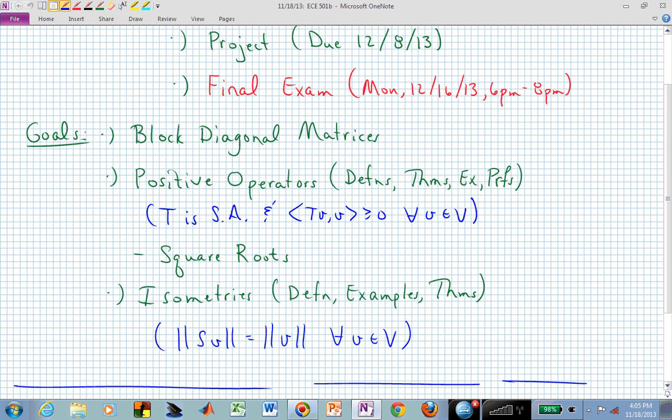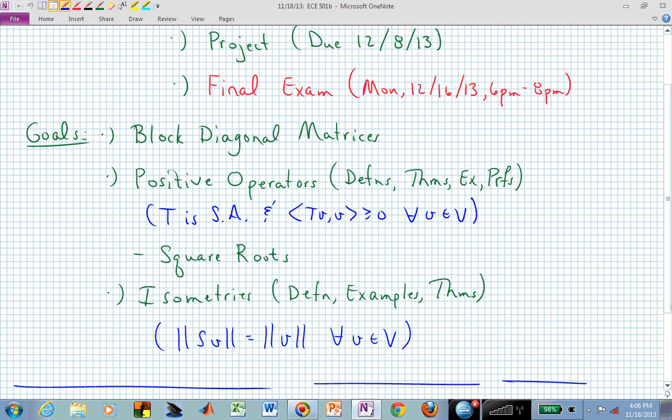But really, if you have an operator S that is an isometry, it's norm preserving, meaning if you simply change the orientation or do a rotation, you're not expanding or contracting that vector. That's what an isometry is. This is the definition of an isometry. The blue line underneath positive operators is the definition of a positive operator also, in an abbreviated form.